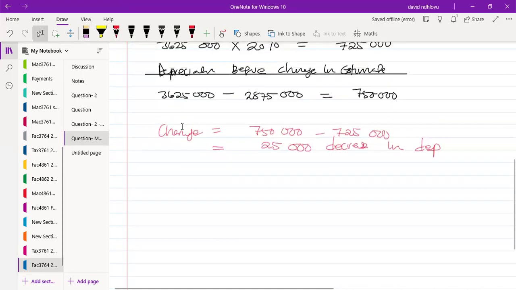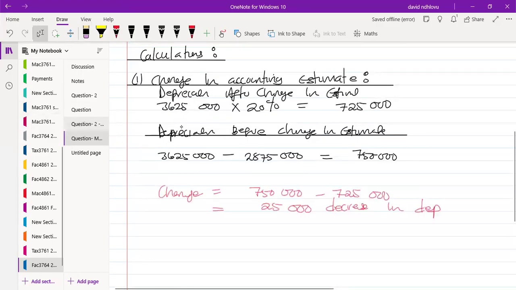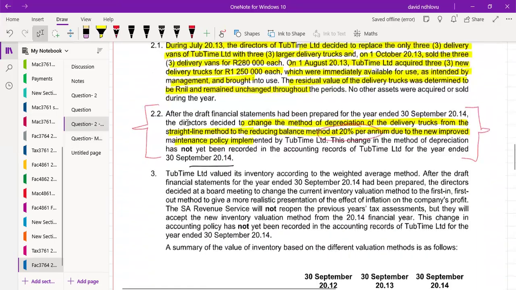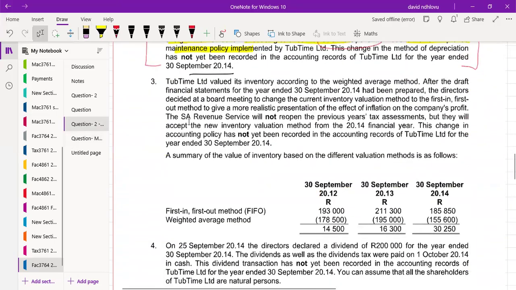Right, so now we need to deal with the next item that we can find. For now, in terms of affecting our profitability, we have adjusted for note 2.2. Then we go to the next thing. This one is a change in accounting policy. Tape Time Limited valued its inventory according to the weighted average method after the draft financial statements for the year ended 30 September of the year 2014 had been prepared.